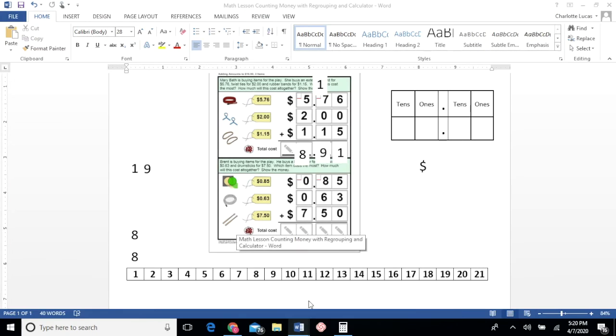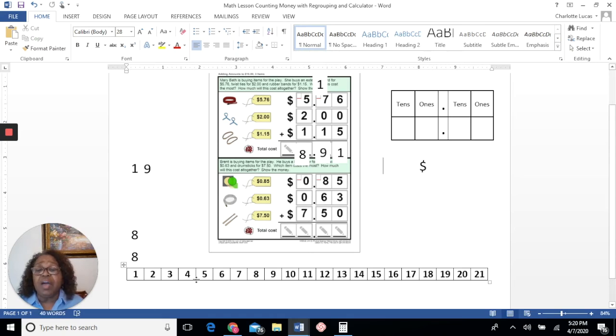And let's try it on this one again, because we have our number line, and you know I like using the number line. So let's add our first row. You always, always, always start in the ones place when you're adding. So 5 plus 3 in the ones place.